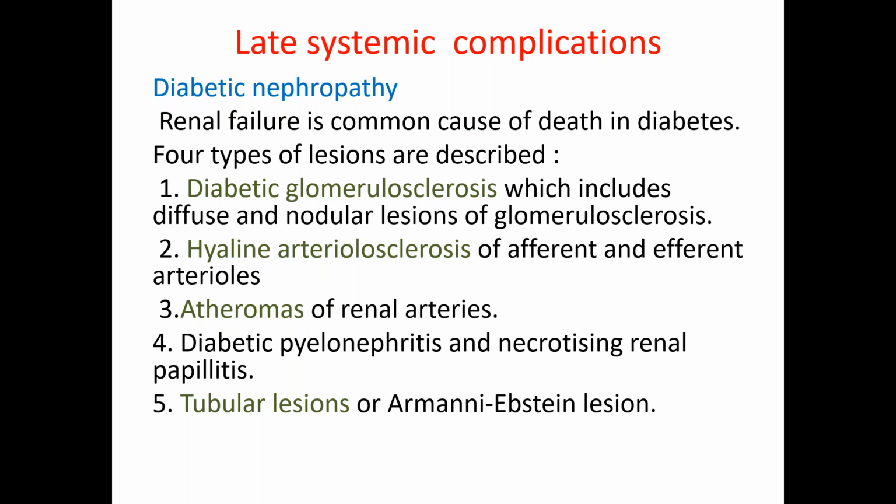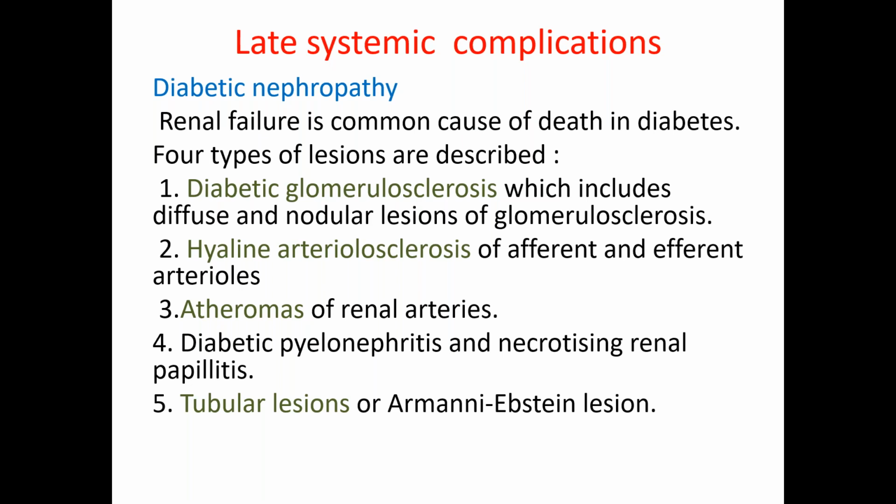So this is called hyaline arteriolosclerosis. That means involving small vessels which supply the glomeruli, the afferent and efferent arterioles. Even the big vessel that supplies the kidney, that is the renal artery, may also be affected by macroangiopathy, that is atherosclerosis of the renal vessels, leading to renal ischemia.